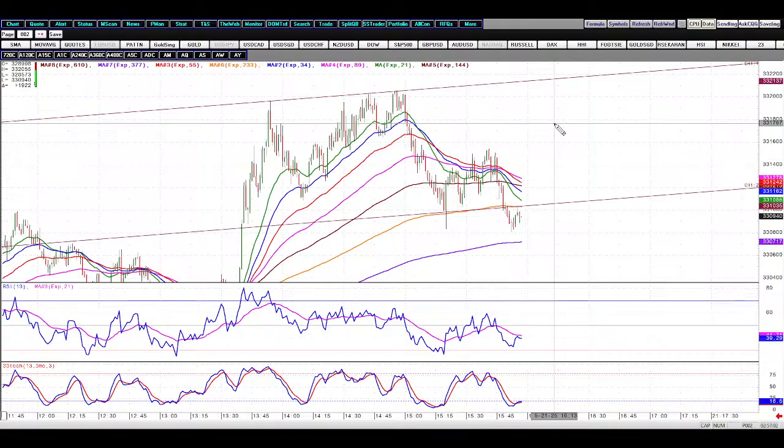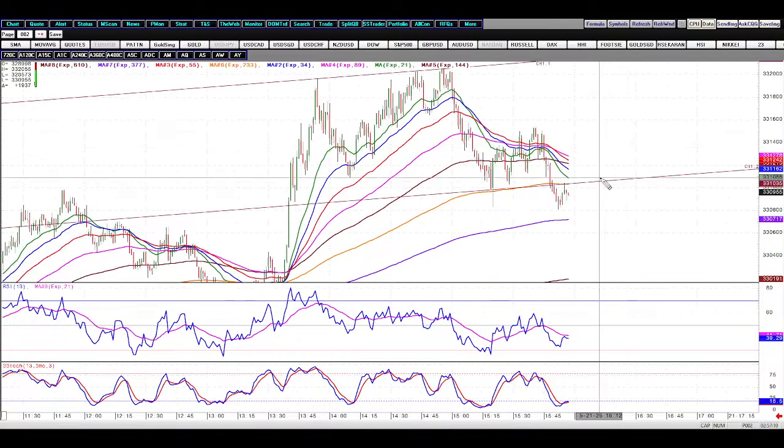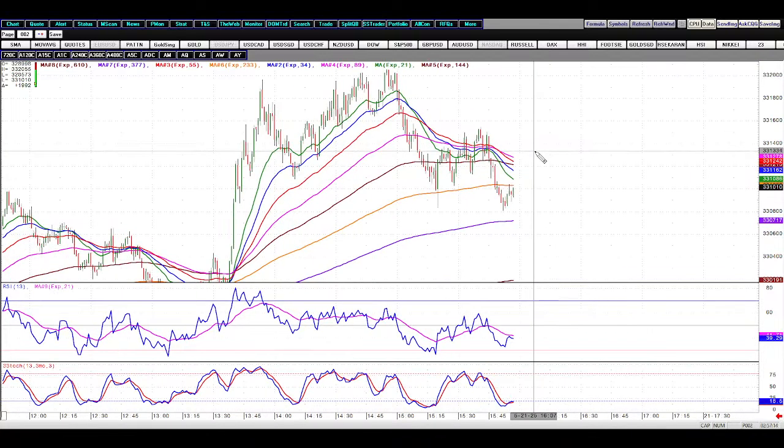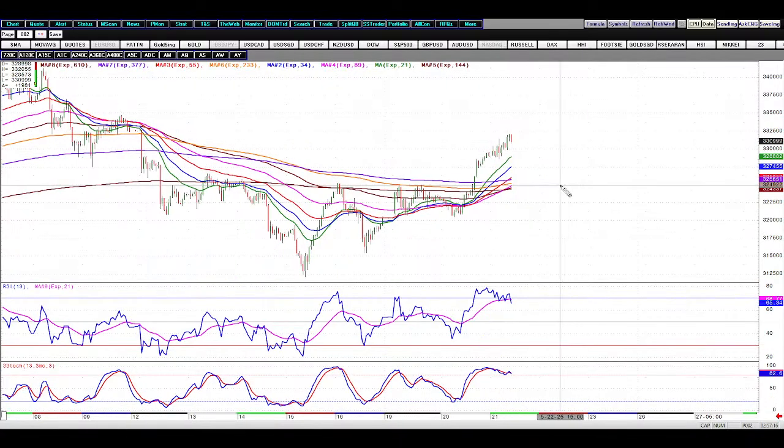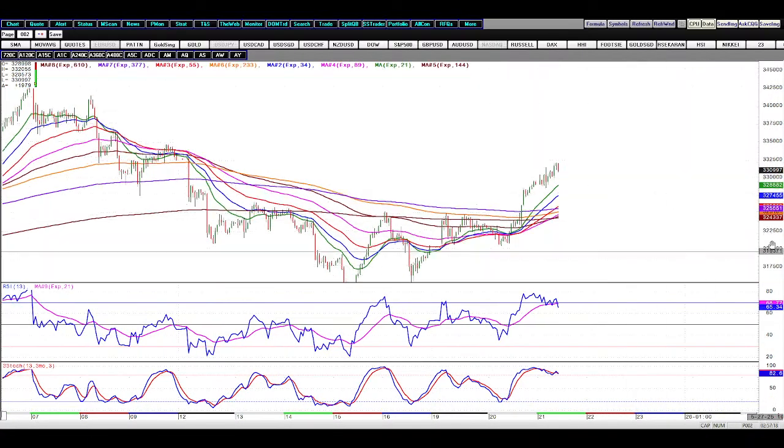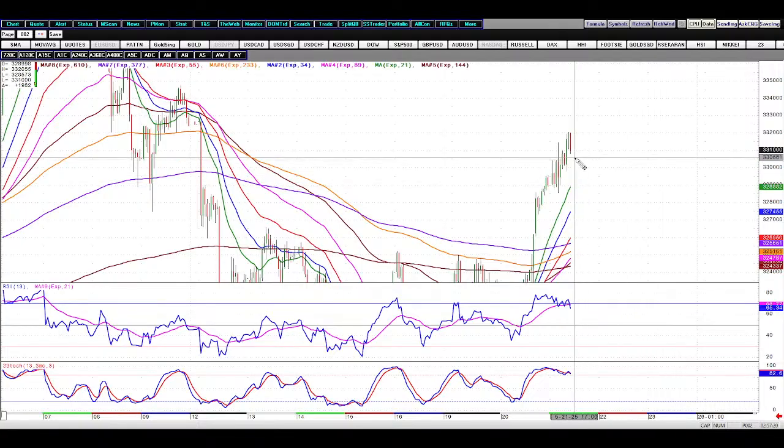Okay, we have 3 more minutes for this 1 hour time belt to finish. It is showing weakness, but we still need to see lower lows coming in.